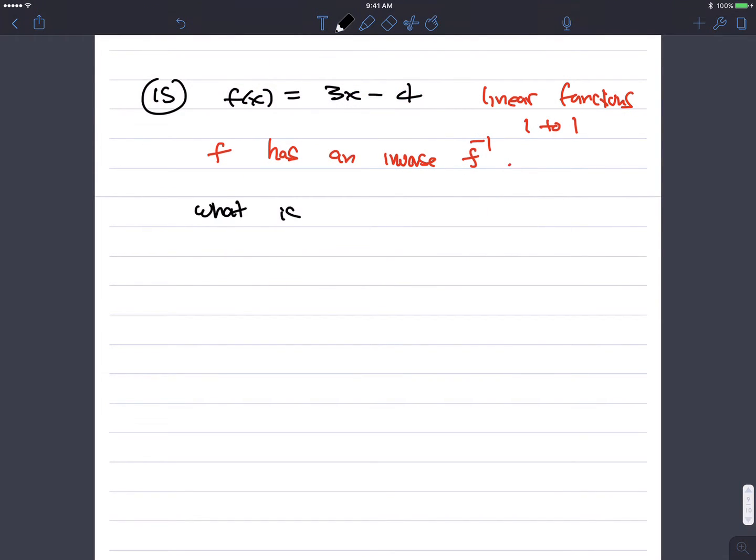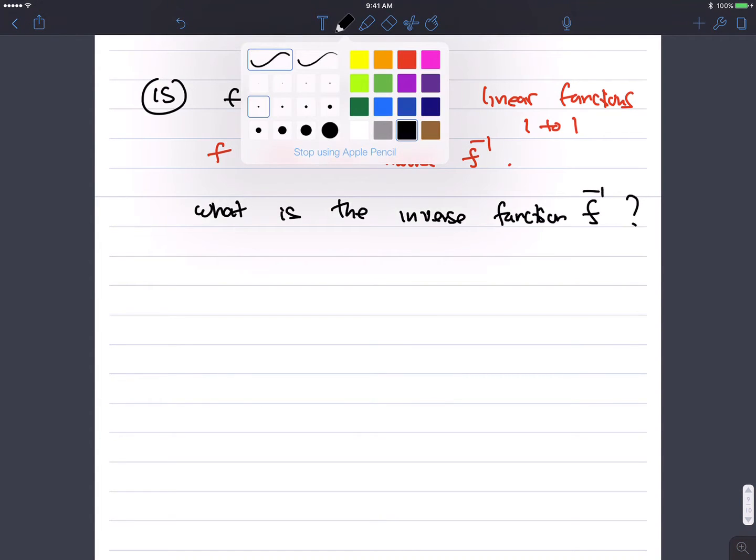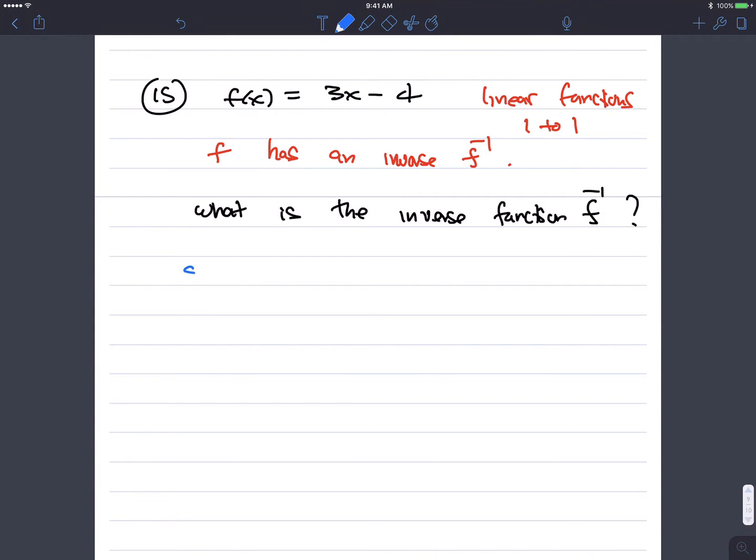What is the inverse function? What is that inverse function? Well, that we're going to find. Now, this is what you guys are going to focus on. To find an inverse, you're going to follow these 4 steps. You guys ready? Here's your first step.